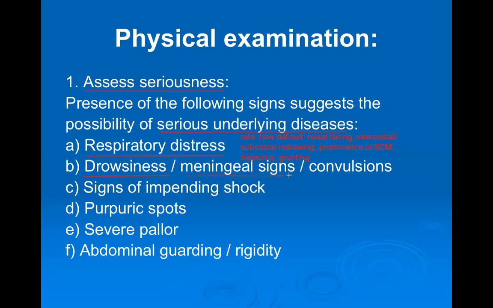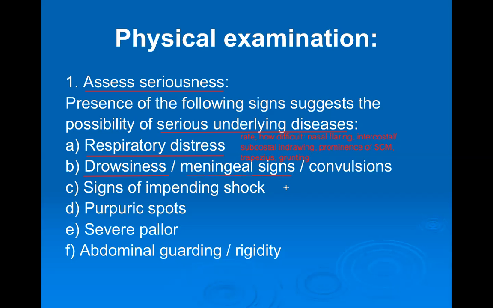Check for the meningeal signs. Now, does anybody know what the meningeal signs are? Anyone? Yes. Sir, there are three: Kernig, Brudzinski and neck rigidity. Okay, good. So these are neck rigidity or nuchal rigidity.